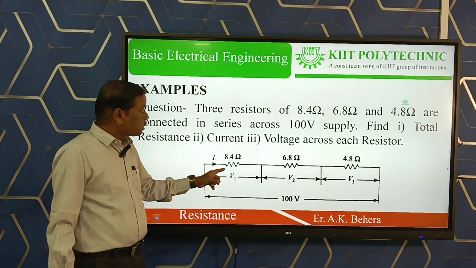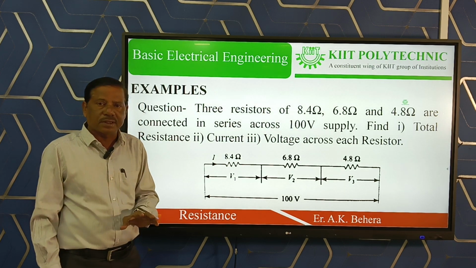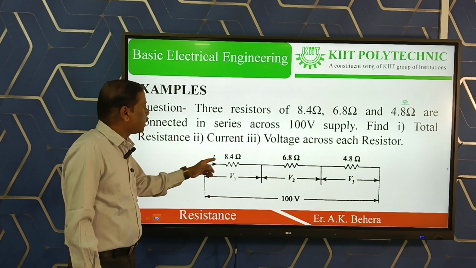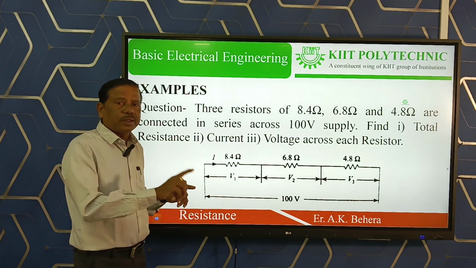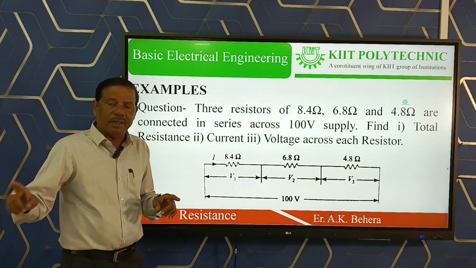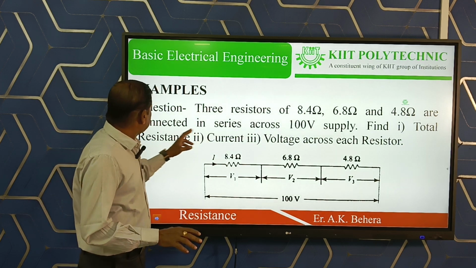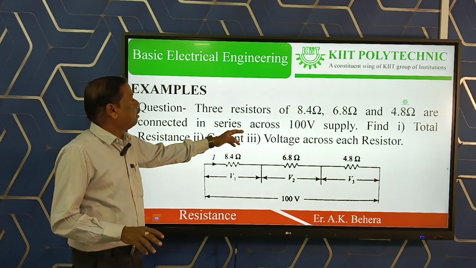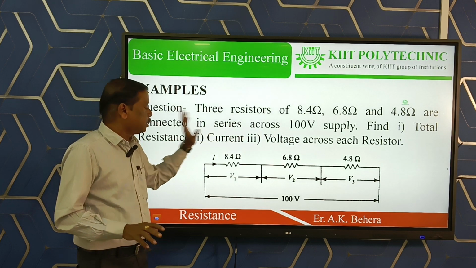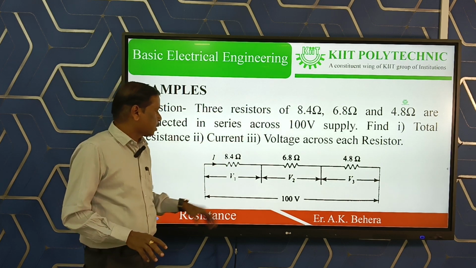How do we know it is a series connection? First you mark the current direction. If the current flowing through all the elements is the same, then we say it is a series connection. In the problem it is already stated that the connection is series, so no doubt it is a series connection.